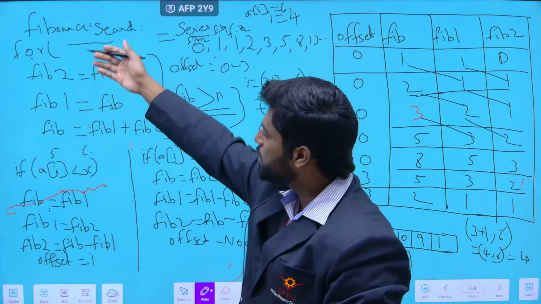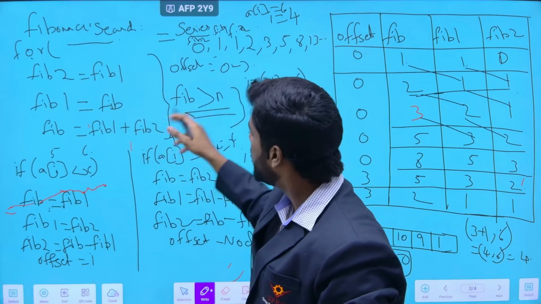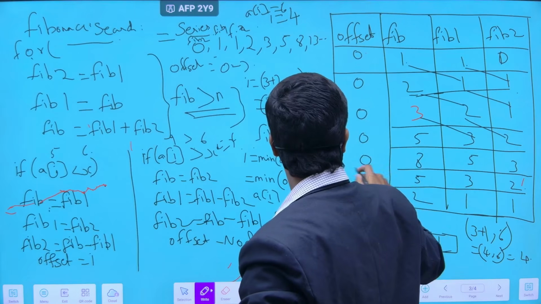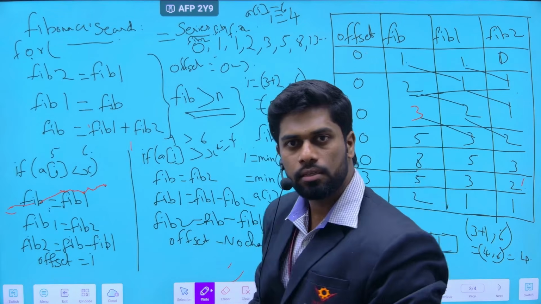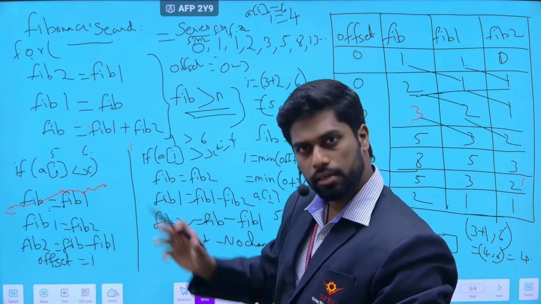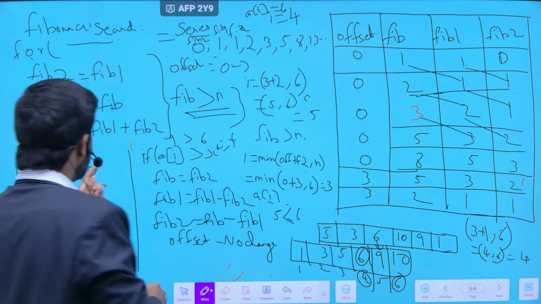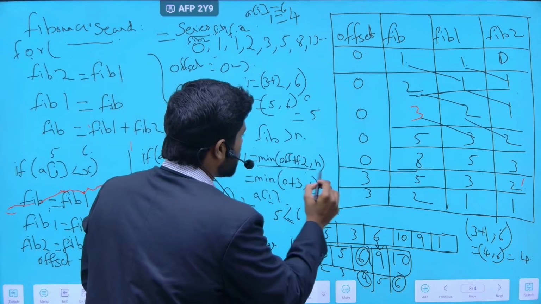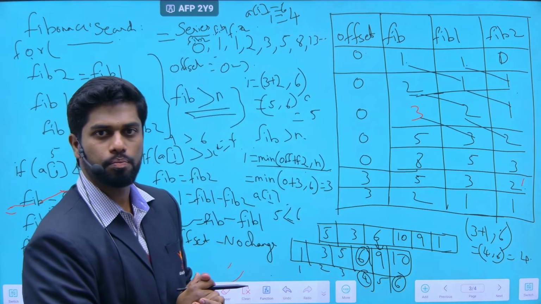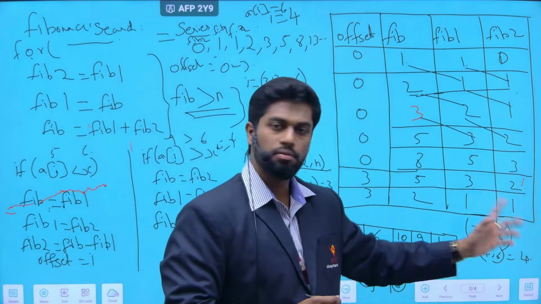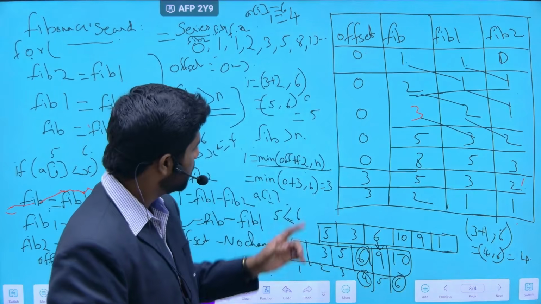So use any looping, and go on until your fib is greater than n. N is the total number of elements, and after that you have I. How will you find I? Minimum of offset plus the fib2 value and the total.